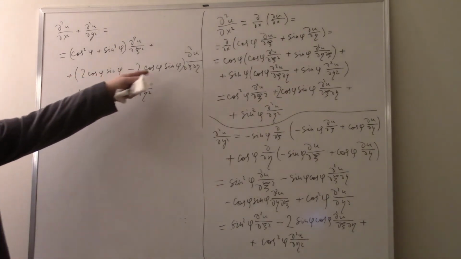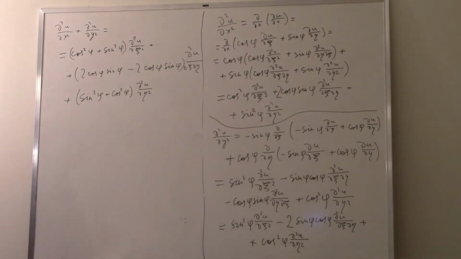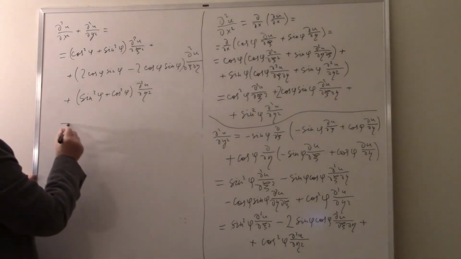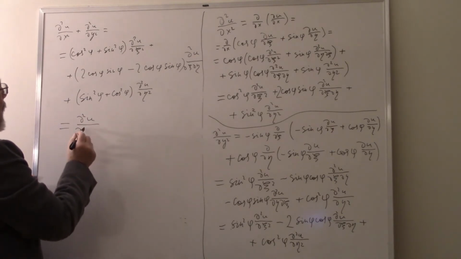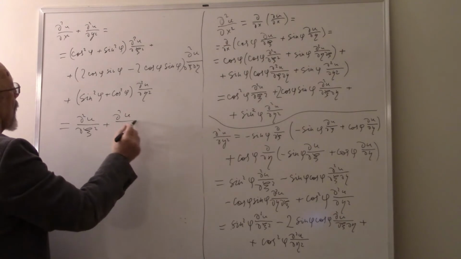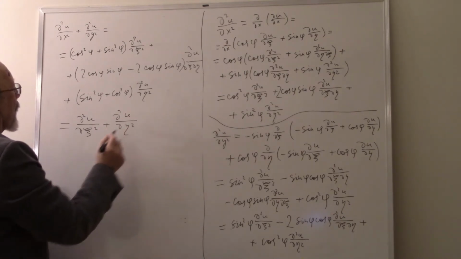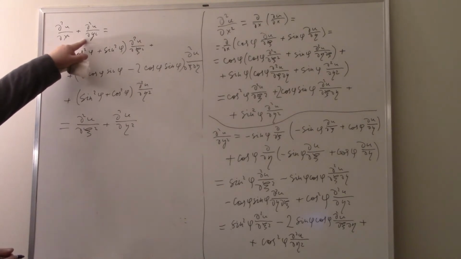Now this cancels. Cosine square plus sine square is 1. It is equal simply to ∂²u/∂ξ² plus ∂²u/∂η². It is in old coordinates xy.